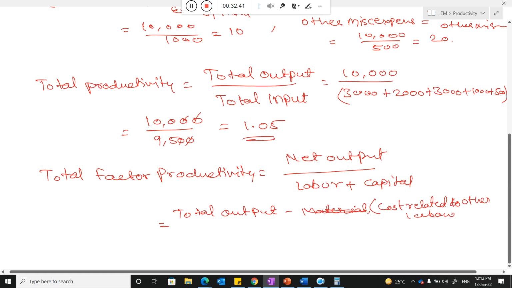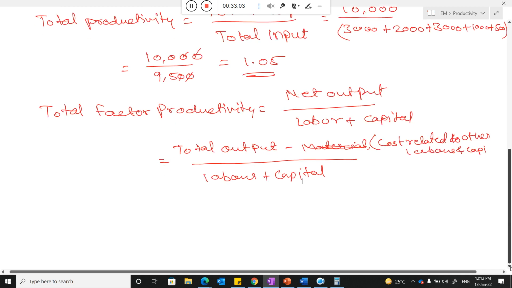Please keep in mind the exact formula: how I can put the cost related to other than labor and capital. That is the net output, divided by labor plus capital, which is the only thing considered as input.